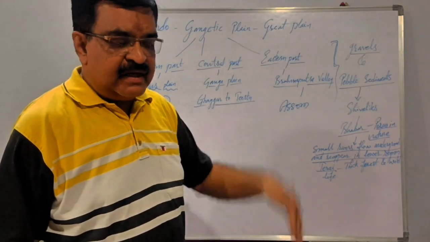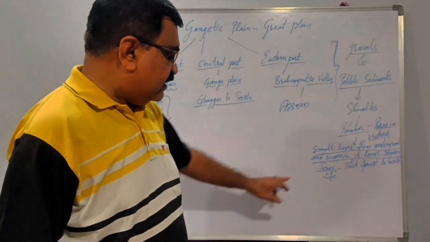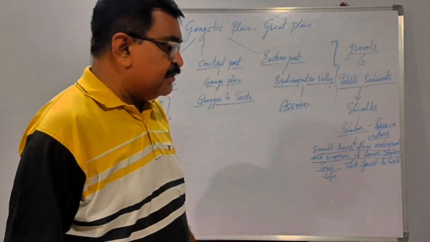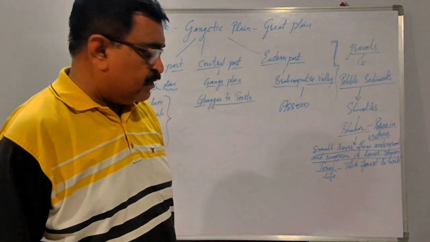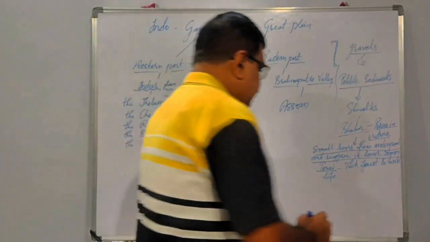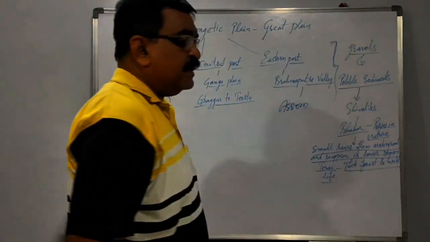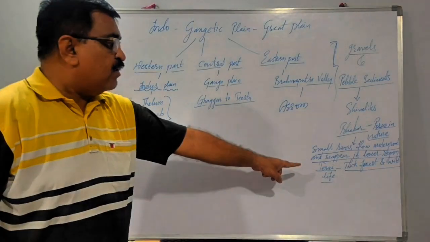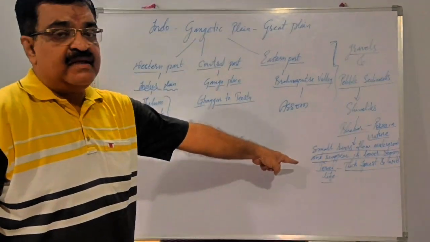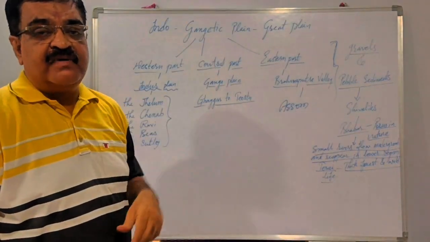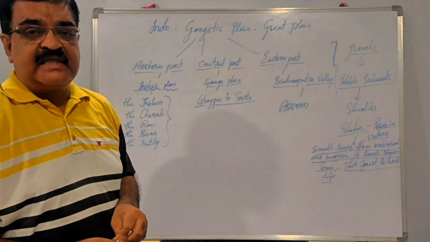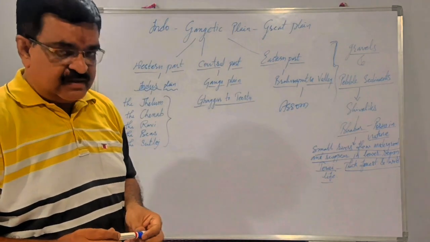Table land means underground, and that's why it will remain marshy, meaning the moisture content will remain more, and that's why thick forest and wildlife is found in the region of Terai. The downhills of Himachal consist of the Terai.